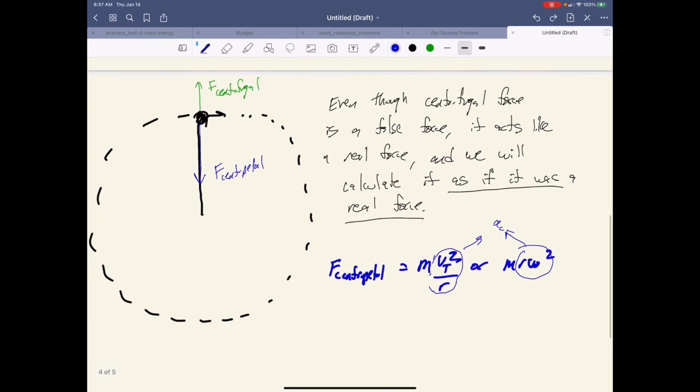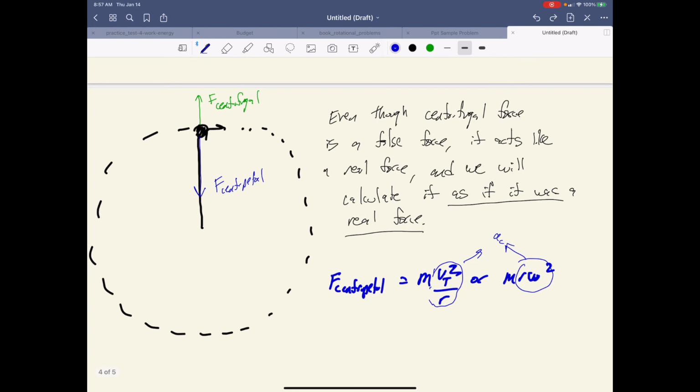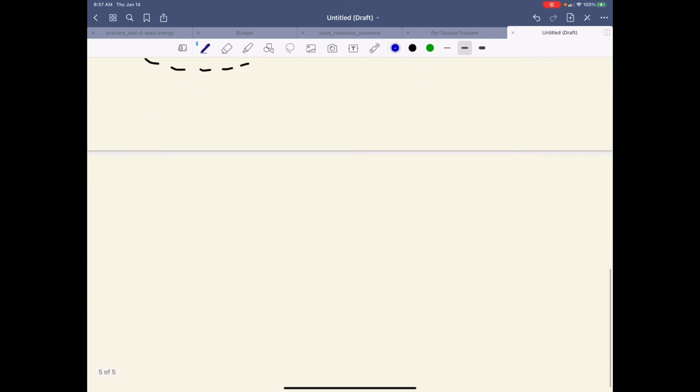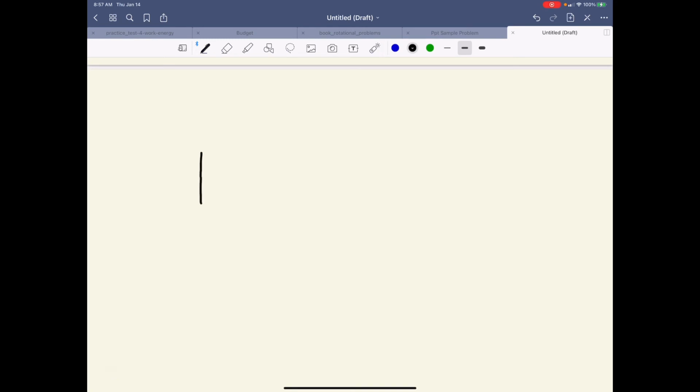Okay, so I'm going to continue this now with an emphasis on this idea right here, that we can calculate the centrifugal force as if it was a real force. So that is what I'm going to focus on right now. Again, I'm going to go back to my ball and a string. Very handy little demonstration tool. And let's imagine again that it's traveling around like this.